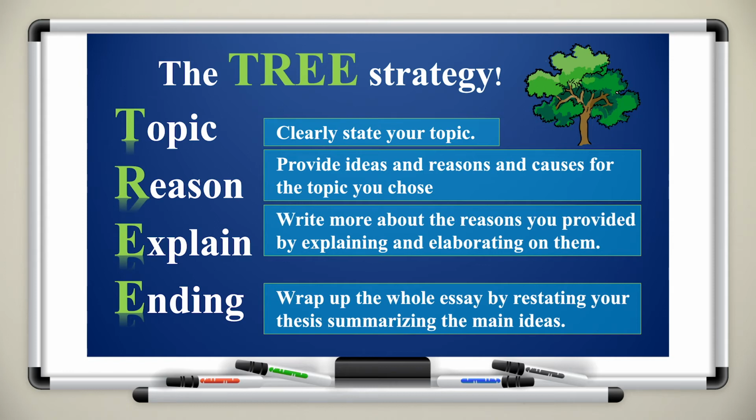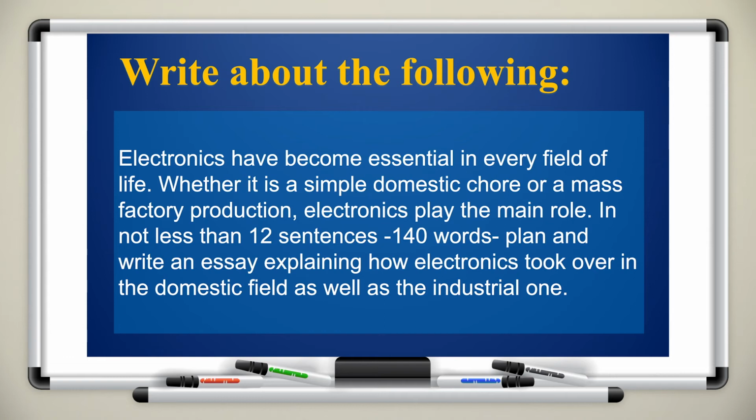If I have this essay saying that electronics have become essential in every field of life, whether it is a simple domestic chore or a mass factory production, electronics play the main role.